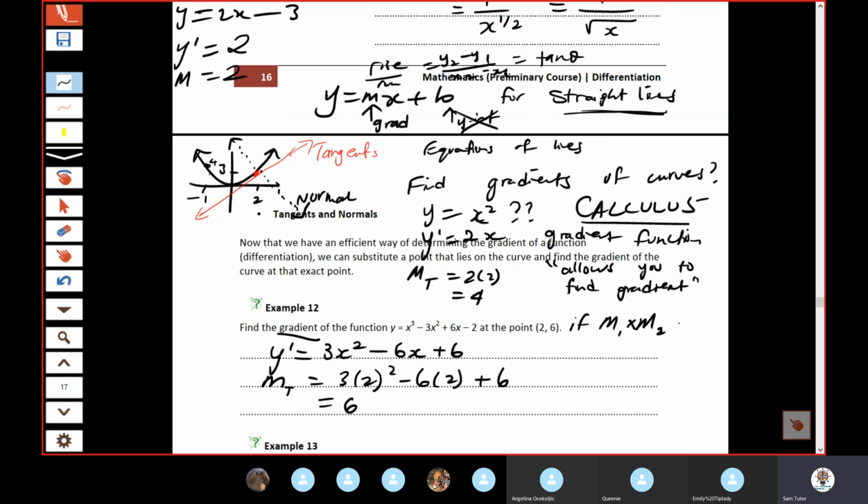If m1 is perpendicular to m2, then m1 times m2 is equal to -1, or in other words, one of the gradients is the negative reciprocal of the other one. So if mt is equal to 6, mn, your gradient of your normal, is the negative reciprocal of 6, which is -1/6.